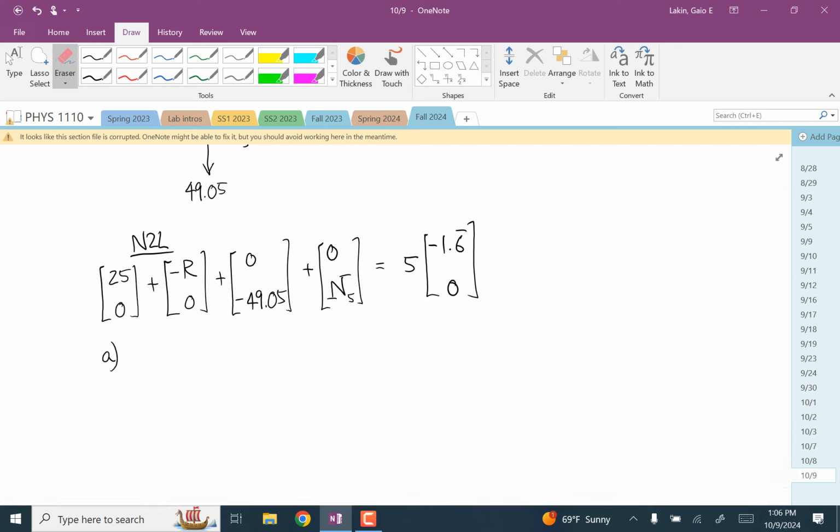So now, not part A, the x equation is what I meant to write here. Says 25 minus R is equal to 5 times, so that's what, 25 thirds, so that's negative 8.3 repeating. And so now solve for R, and R is equal to 16.6 repeating.